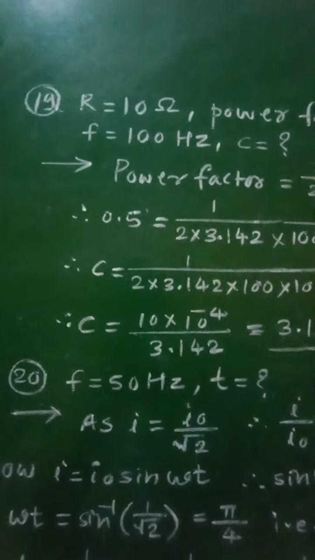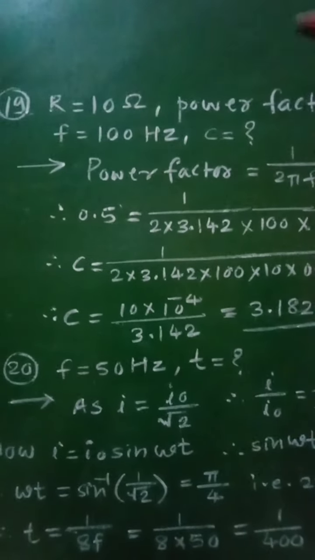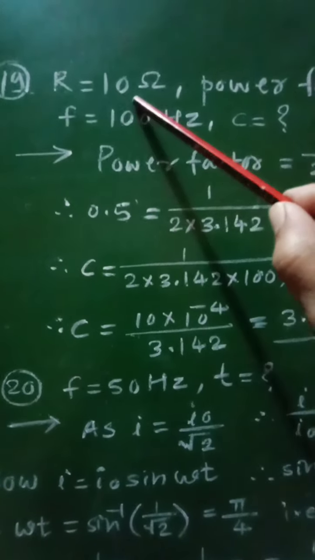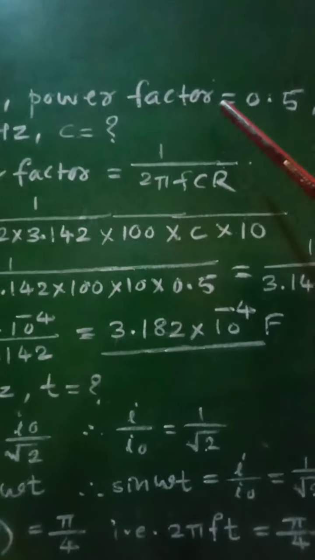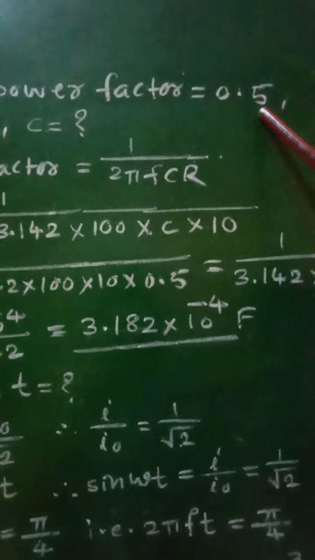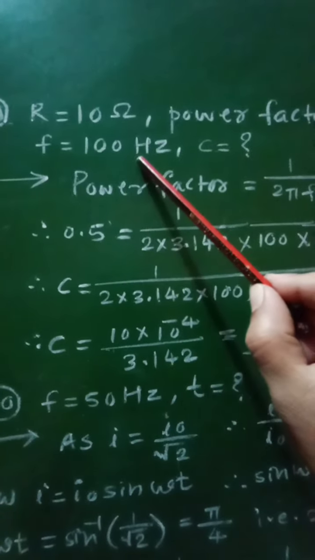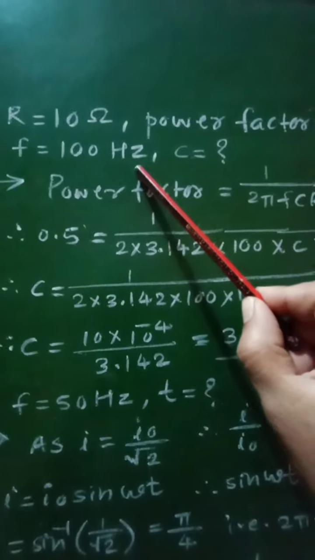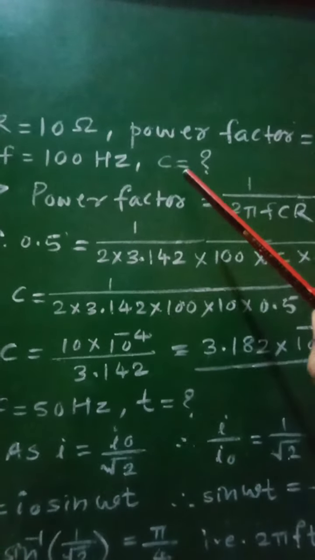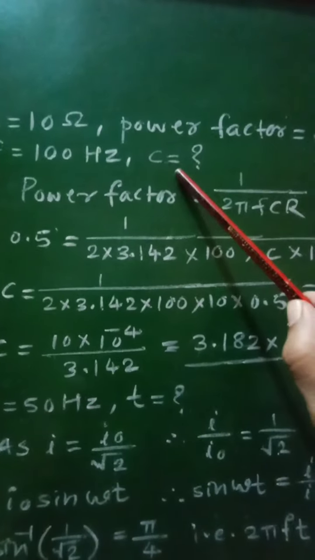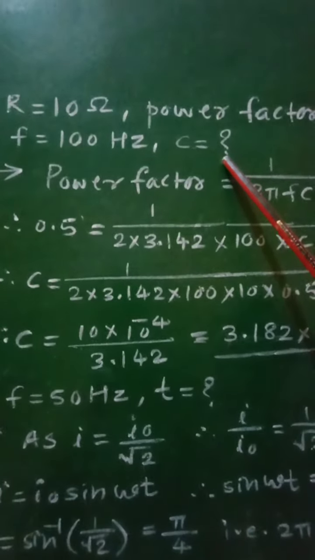Therefore in this case the given data is resistance R is equal to 10 ohm, power factor is equal to 0.5, frequency f is equal to 100 Hz, and the potential is given 80 volt, and capacity C, that is capacitance, that we will have to find out.